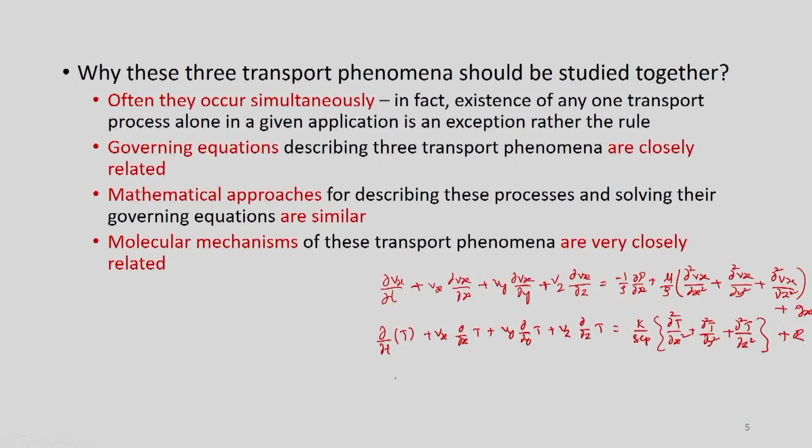Similarly, dou Ca by dou t, let us say we take a binary component system and the conservation of component A, so this is the equation we can write, right? dAB is the diffusivity of A in B.